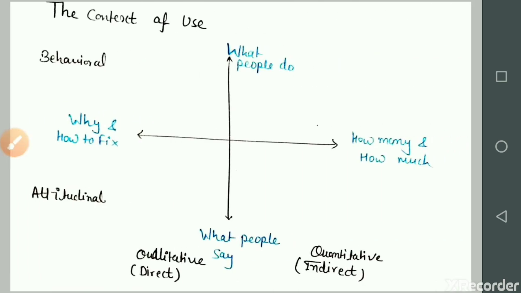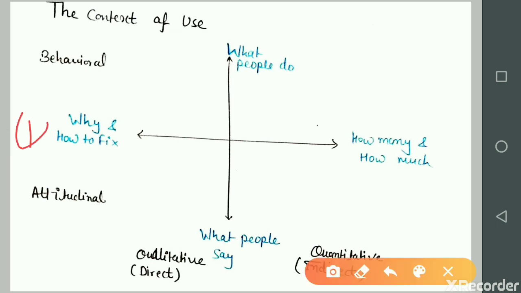And next one is context of use and behavioral. In this we have 4 points again. In the first point, why and how to fix, it is related to the qualitative. And the second one is what people do.